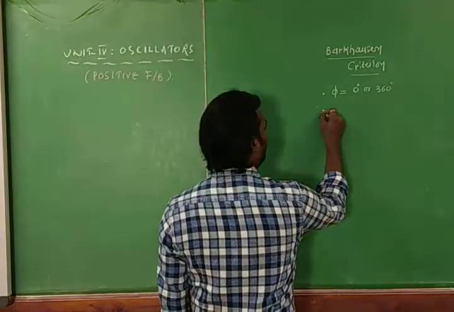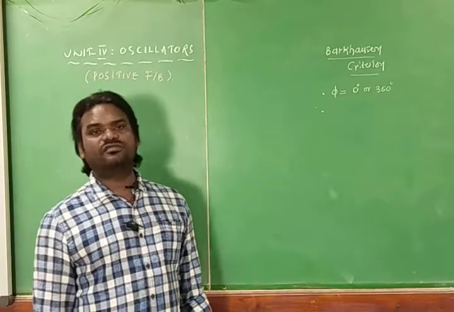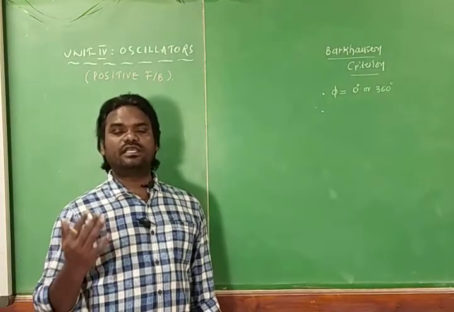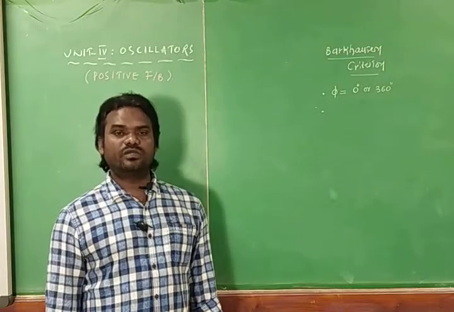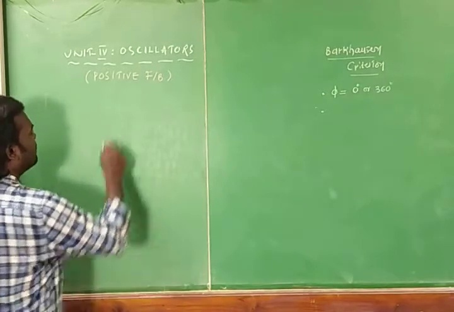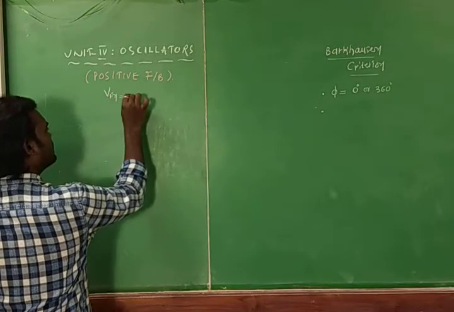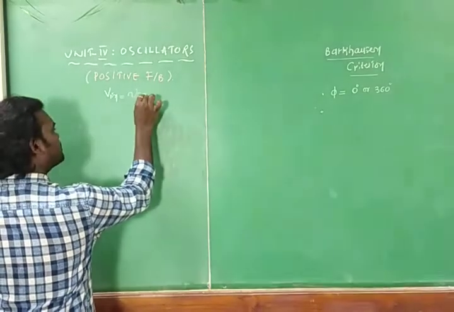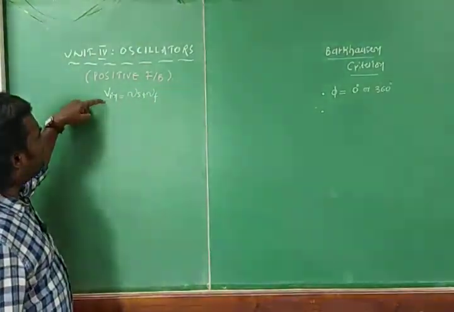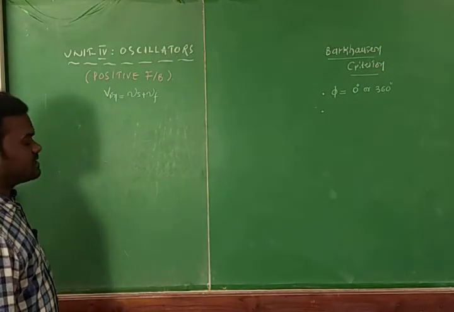Second point, in case of positive feedback, Vin is going to increase every time, because Vin is equal to Vs plus Vf. So Vin keeps on increasing. Vin is the input of the amplifier section.